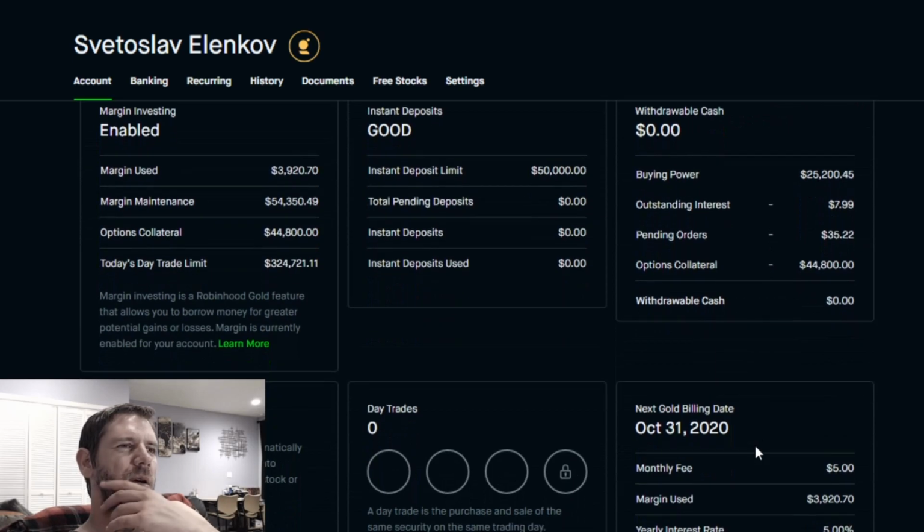Now, there's something interesting that goes on here, which is that this margin maintenance number is going to be different based on what kind of equities you buy. So if you're buying Apple, then the margin maintenance requirement is going to be different than, let's say, Energy Fuels, which is expectedly a much more volatile company.